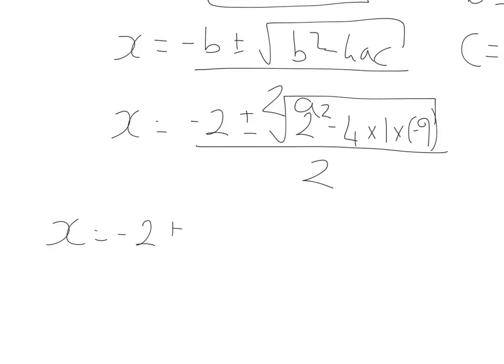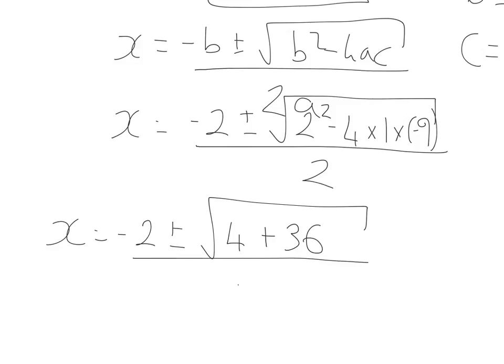So minus 2 plus or minus the square root of 2 squared is 4, minus 4 times 1 is minus 4, times that by minus 9, and that's plus 36, all over 2.